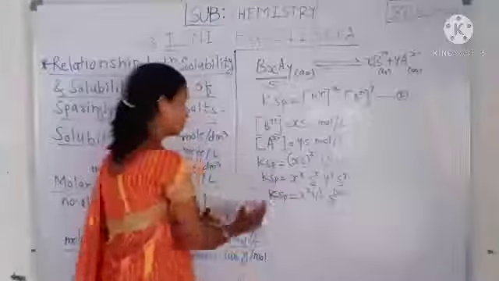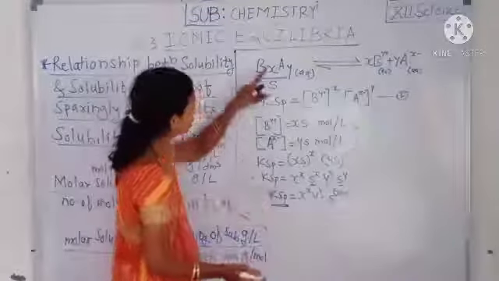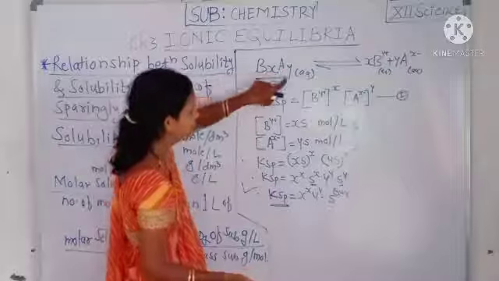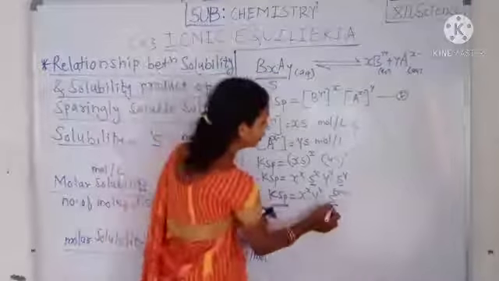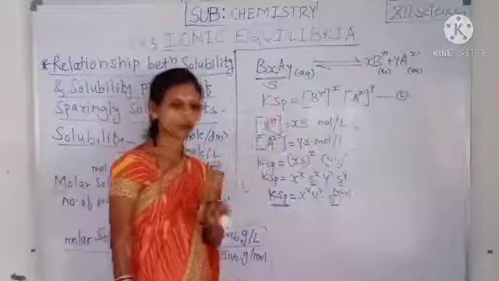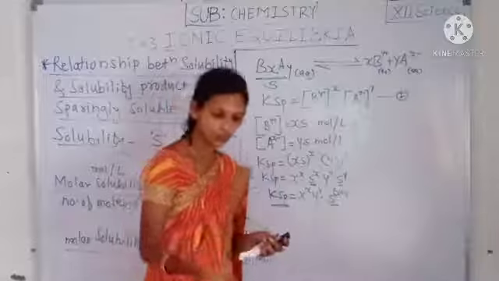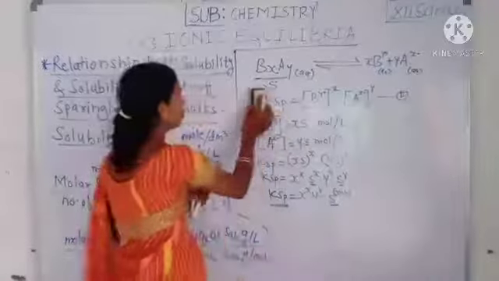That is the relationship between Ksp, the solubility product of a BxAy type of salt, and the solubility of that sparingly soluble salt. Then, considering a few examples of different types of salts here.